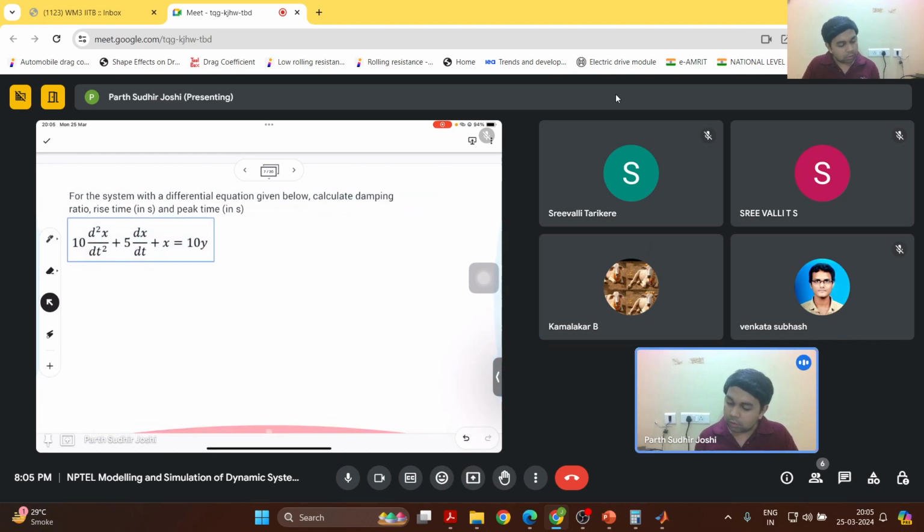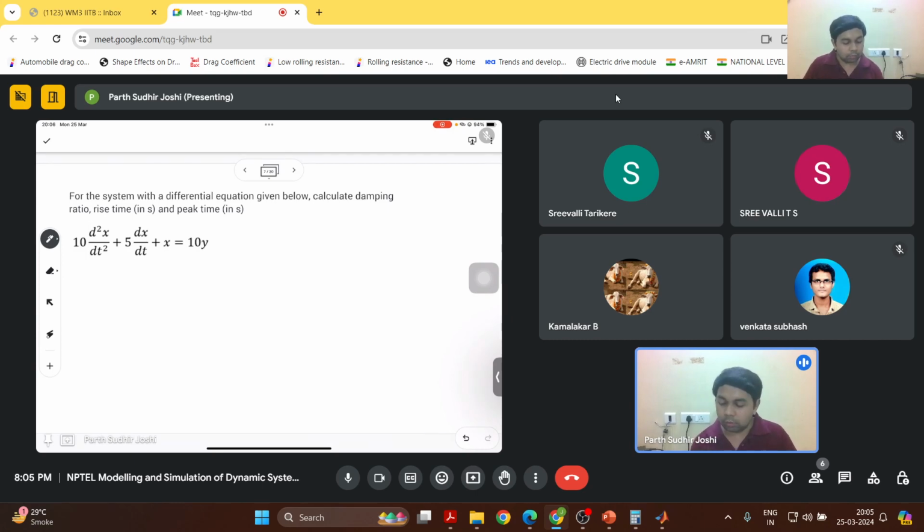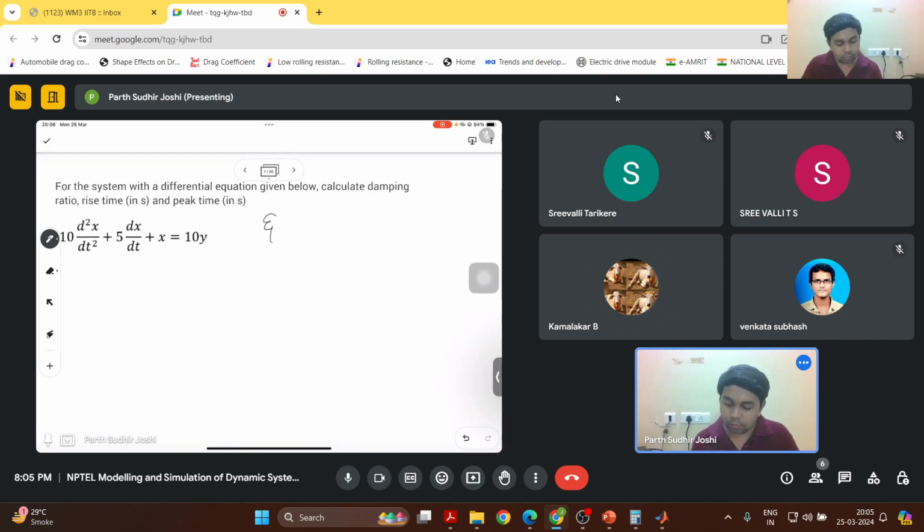Now for this system where we have been given this differential equation, we have to calculate rise time and peak time and the damping ratio. So again the same concept here. We have to find out first the damping ratio, zeta.